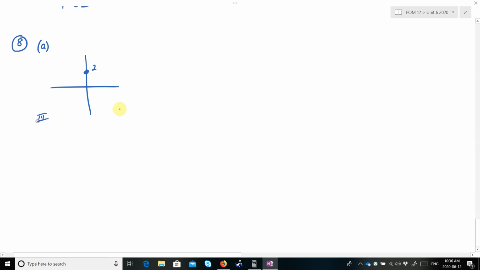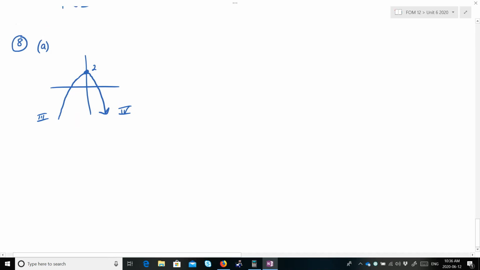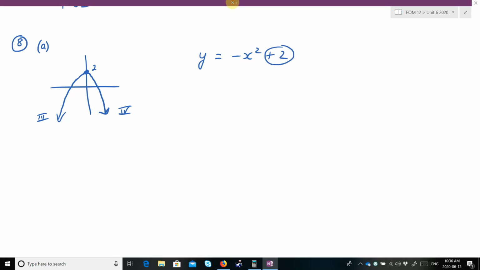We have to go from quadrant 3 to quadrant 4, so it would have to do this, would have to be a quadratic, and it's facing down, so we would need a negative leading coefficient. So a possible equation could be negative x squared plus 2. Negative x squared graph facing down with a y-intercept of 2.